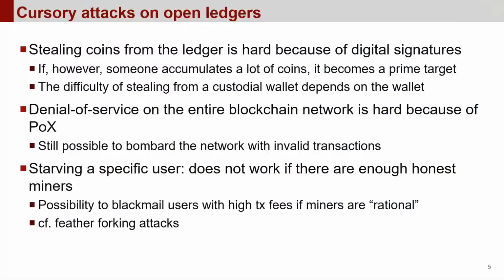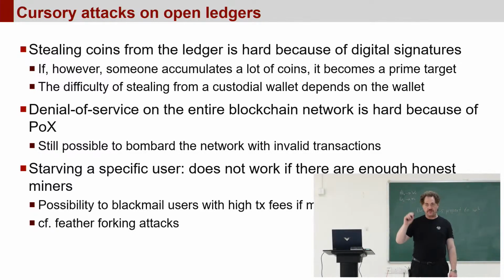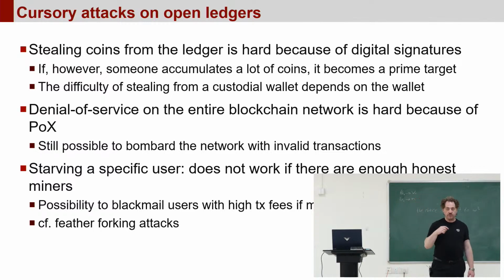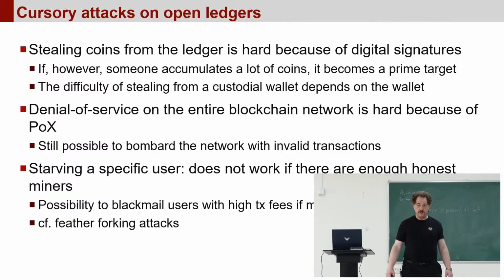Denial of service attack. How do you launch a denial of service attack on Bitcoin? Well, you cannot just propose some new blocks because that would require sovereign POW, which would make a denial of service attack very costly. But what you can do is bombard Bitcoin with meaningless transactions. So Alice and Bob decide to launch a denial of service attack on Bitcoin. How do they do it?